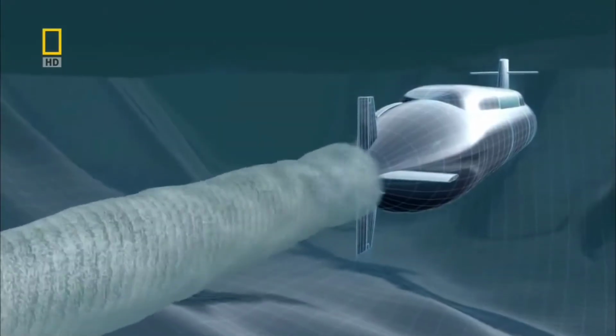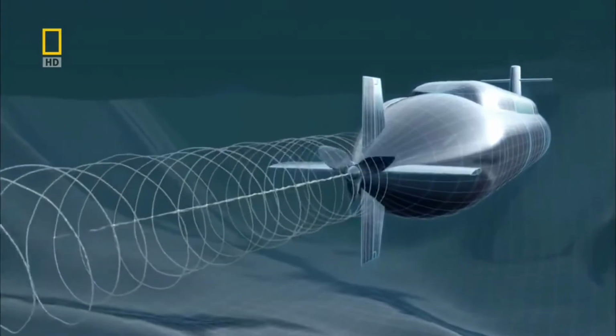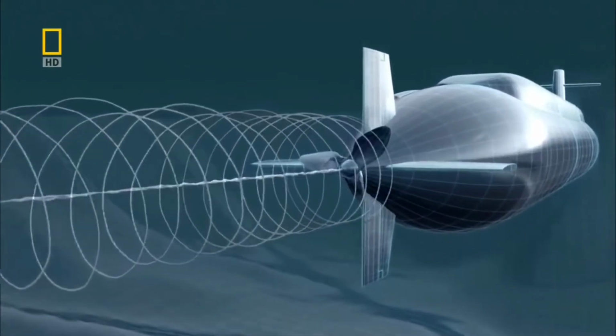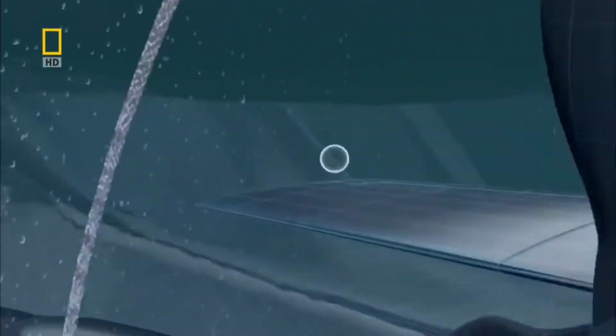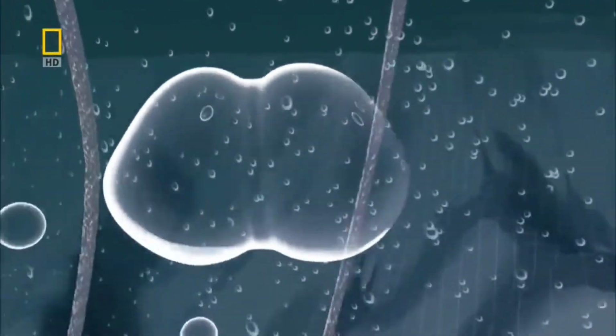So, how is it possible that the pressure becomes very low and causes cavitation damage to a ship propeller? When the blade of a ship propeller moves through water, there is a high pressure on the side facing the flow and a lower pressure on the opposite side.